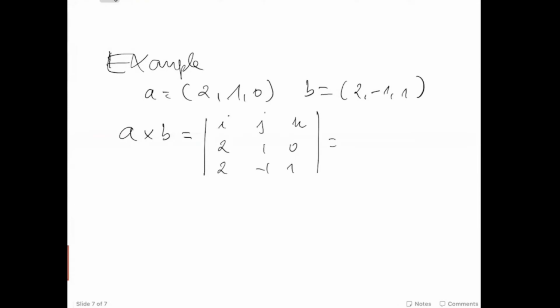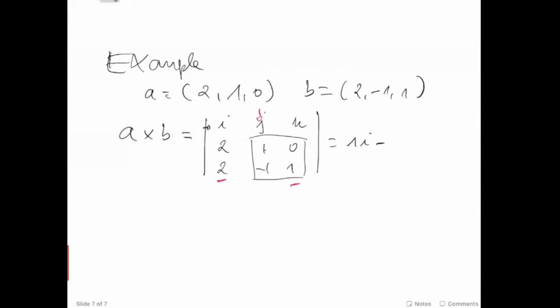the first one, let's hide for I. What we have is this box here. That will be 1 times 1, which is 1, minus 0, which is 1 I, minus, if we now look at J, what we have is the box here and here.